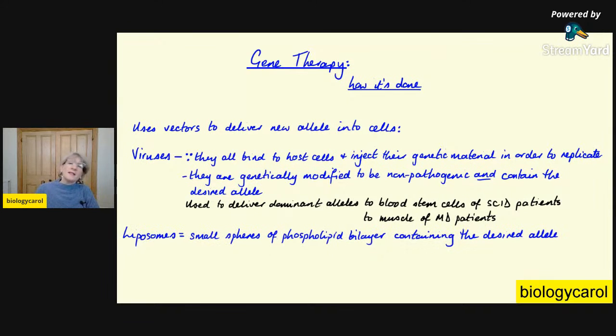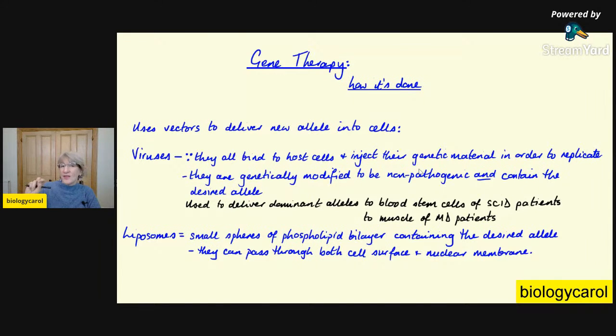The other form that you might need to be aware of are liposomes. These are little spheres that are made up of a phospholipid bilayer. And that phospholipid sphere contains the desired allele. And as a result of them being very tiny, and here's the important thing, they are really tiny, they are able to pass through both the cell surface membrane and the nuclear membrane to deliver that desired allele into the nucleus, to the host cell's DNA so that it can be incorporated into it.